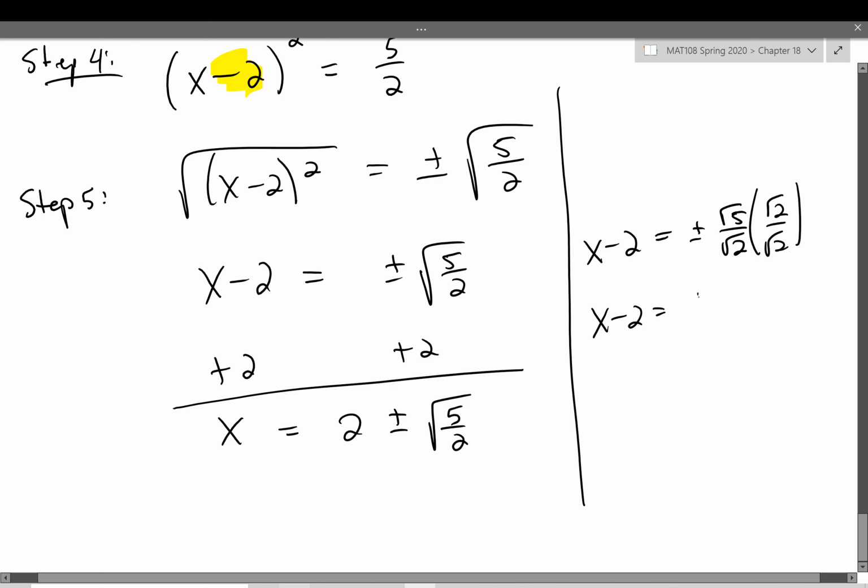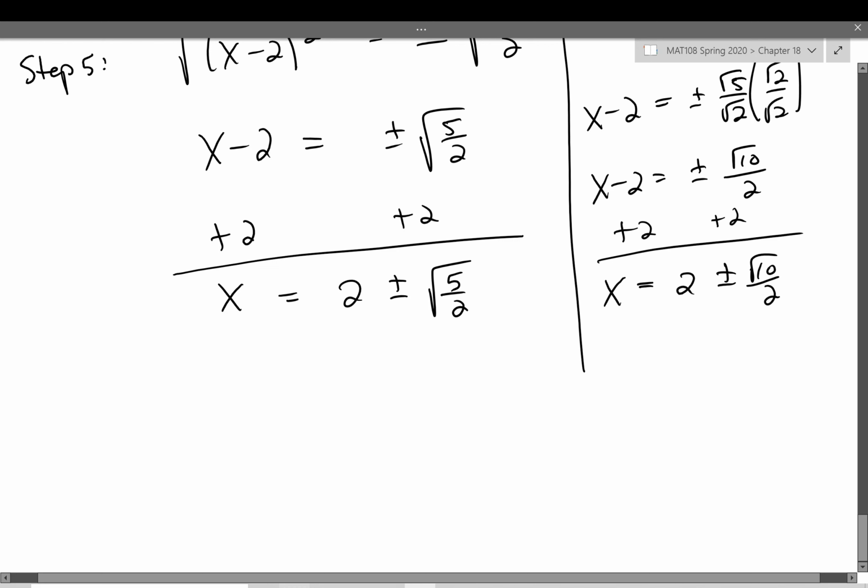So that's what I'm going to do here. So I get the square root of 10 over 2. So now what I'm going to do is add 2 to both sides like I normally would. And that's going to give me x equals 2 plus or minus the square root of 10 over 2.